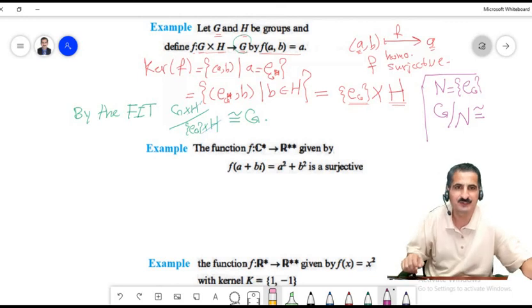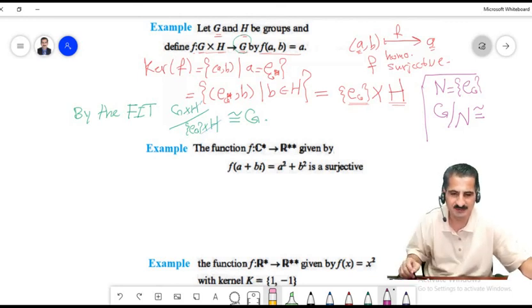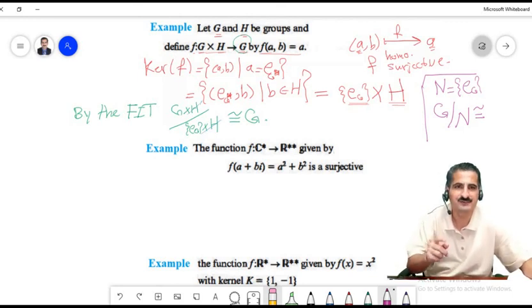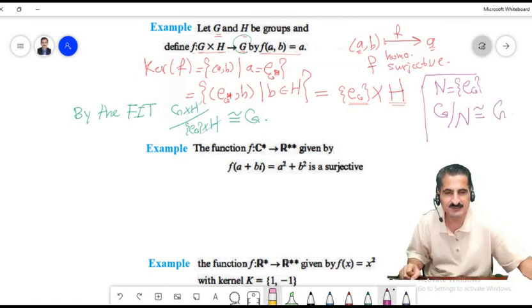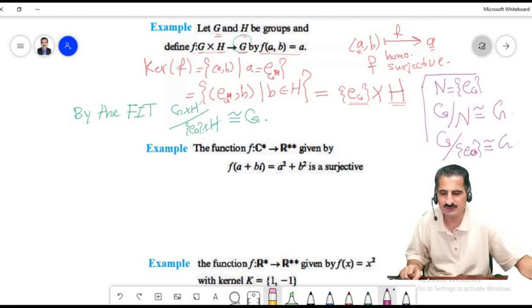We are taking cosets of the identity, so each coset will consist of one element only. So this is actually isomorphic to G itself. So we write it this direct way: this is isomorphic to G.